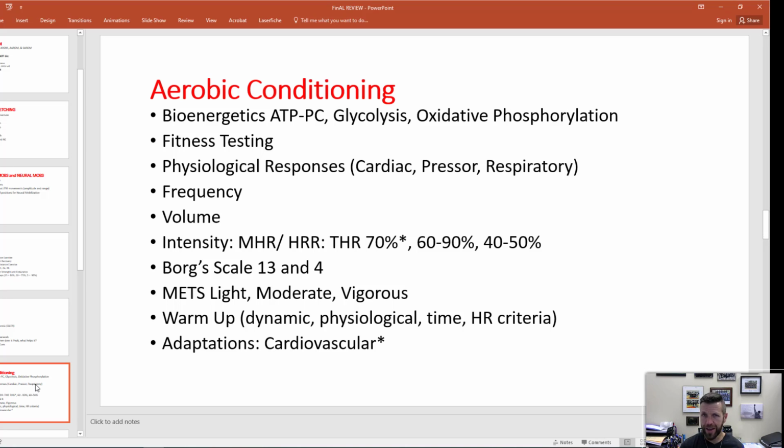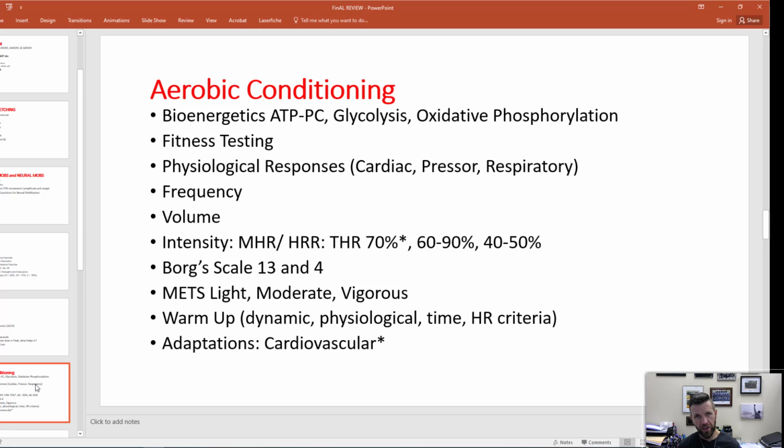You're not trying to get to that number, you're trying to get to 70% of that number. So rewind this, watch that again, and make sure you catch that very clearly. That is also known as your target heart rate. Target heart rate is taken from max heart rate. So again, you take your age, you subtract it from 220, and then you take 70% of that, and that's where you have to hit if you're young and healthy.